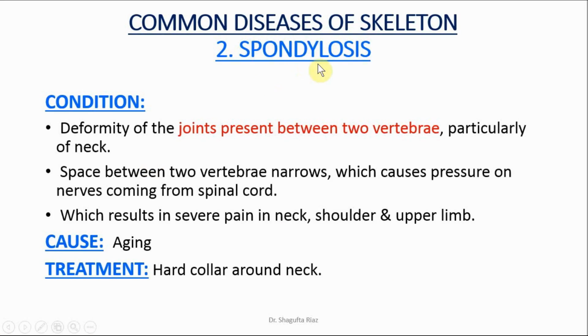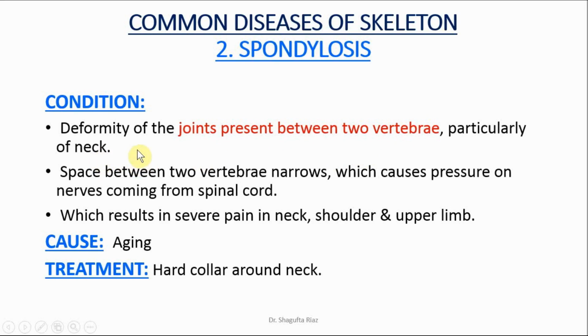Second, spondylosis. This condition or deformity involves the joints which are present between two vertebrae, particularly of the neck.